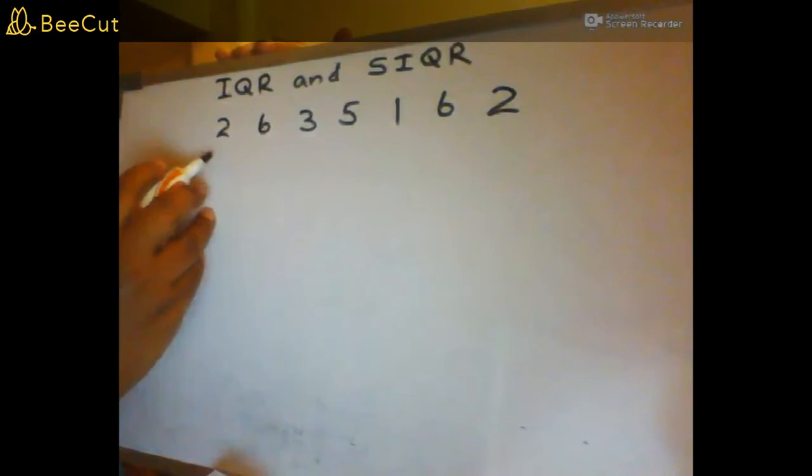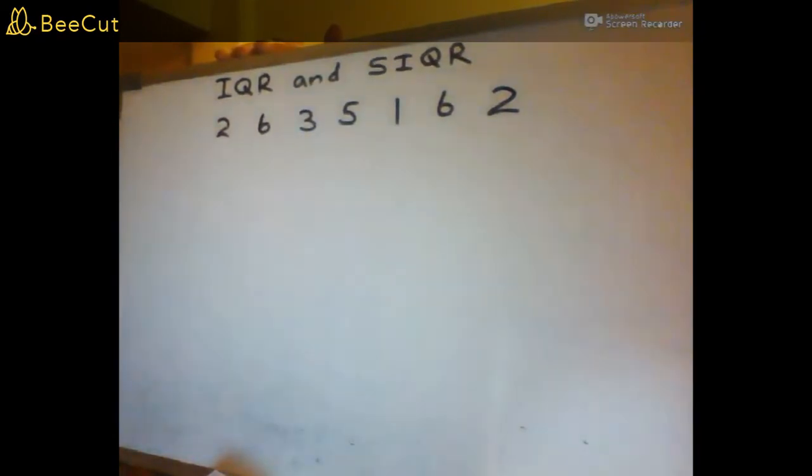Now you have a set of data like this. Then you must arrange this in ascending order. In the earlier ones also you can arrange the data in ascending order to find the median and all, otherwise you get confused. Only in frequency distribution tables, arrange them from highest to lowest, top to bottom.